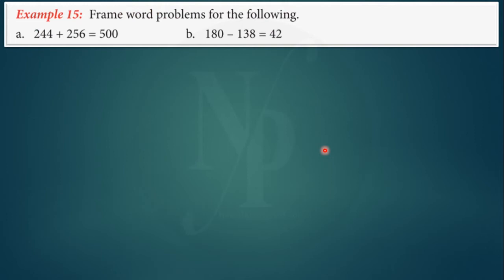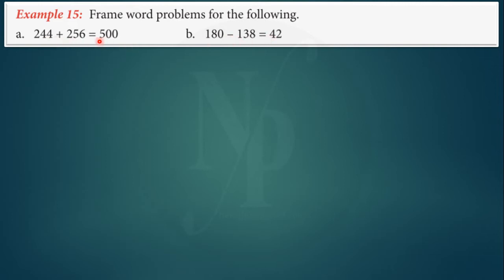Example number 15 in your textbook. Frame word problems for the following. Here we have two mathematical statements. First, A is an addition fact and B is a subtraction fact, a subtraction statement.